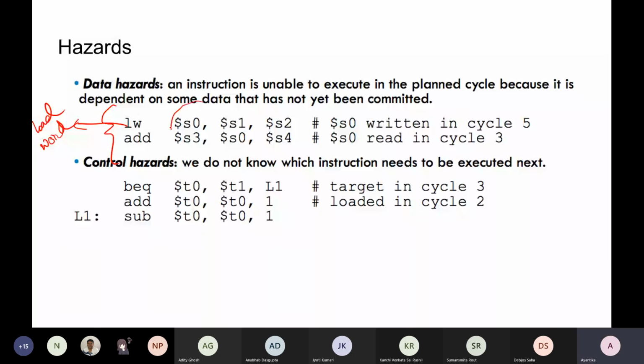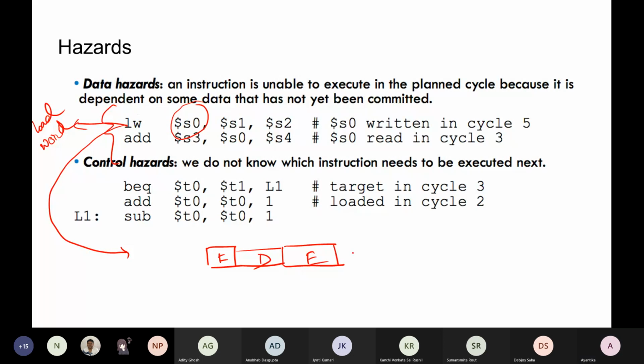Now if you are directly implementing this 5-stage pipeline, then you have instruction fetch, decode, execute, memory, and register write back. Let's say it is in register 0 or memory 0.